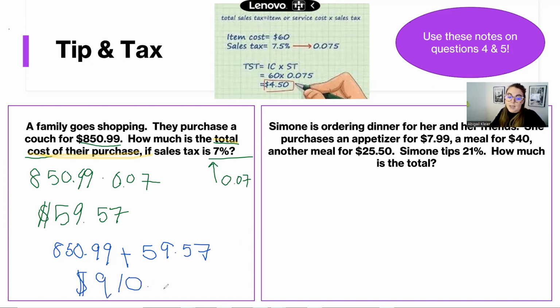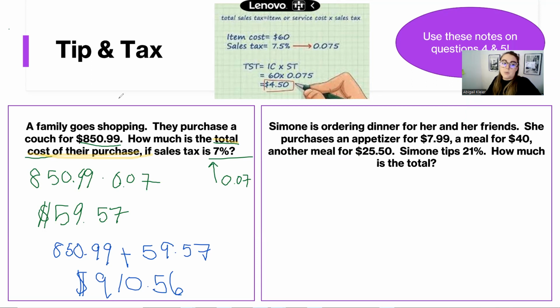The total is $910.56. So again, when you're looking at these, be very careful that you're reading what the wording is. This one was asking for the entire cost in total, not just the amount of tax, but the total cost of the purchase.